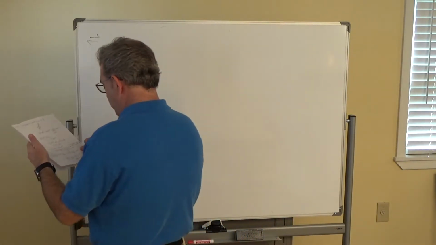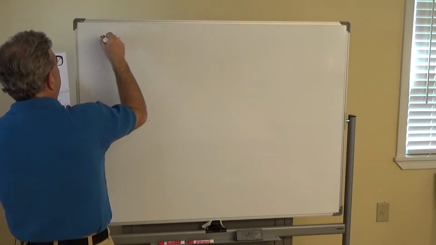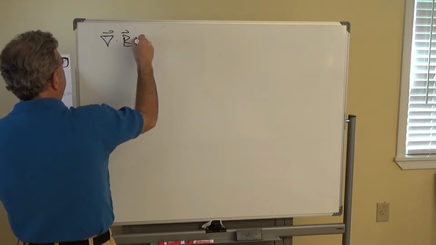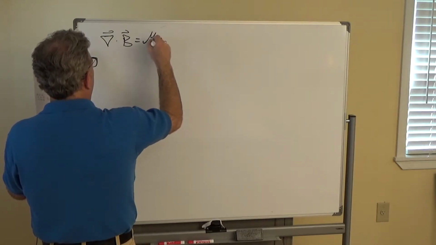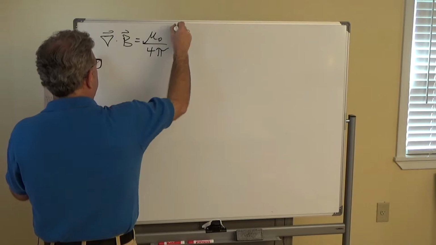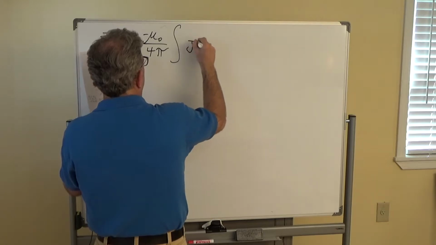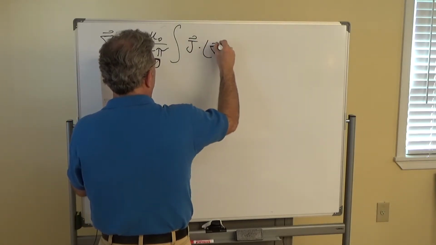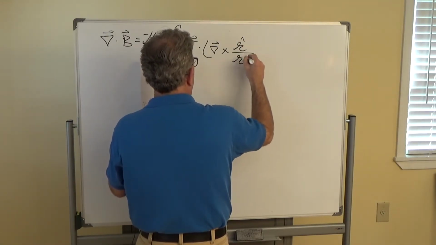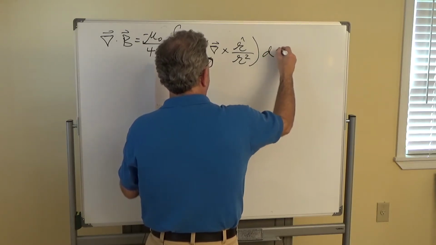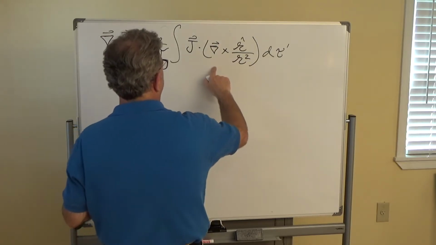So del dot B is equal to mu naught over 4 pi times the integral of, the minus will come outside, J dot del cross script r hat over script r squared d tau prime. Let's look at this.